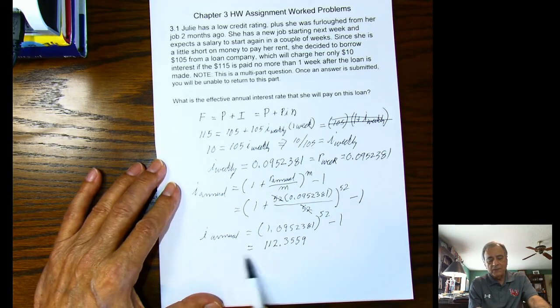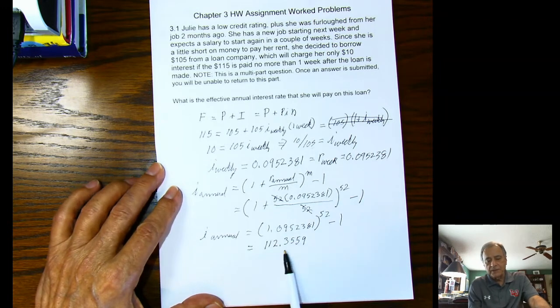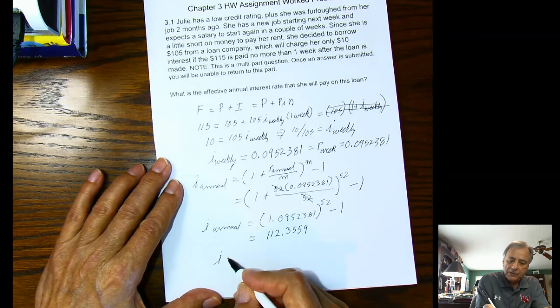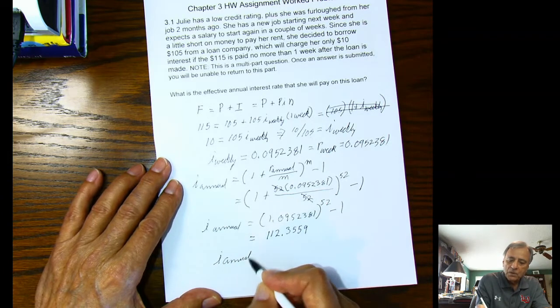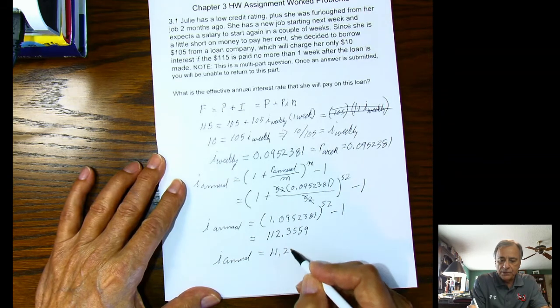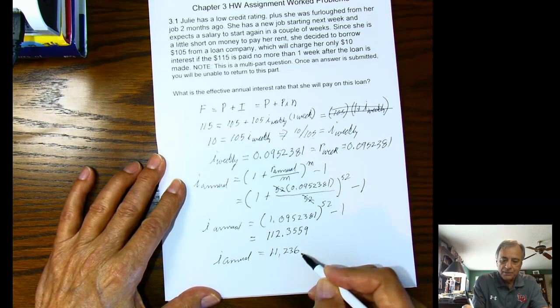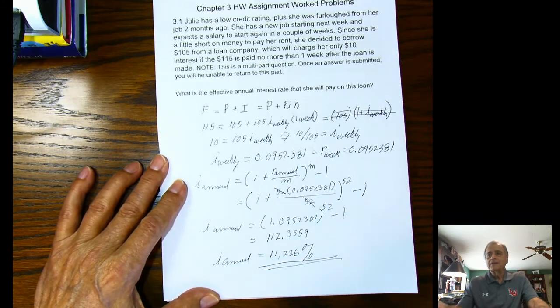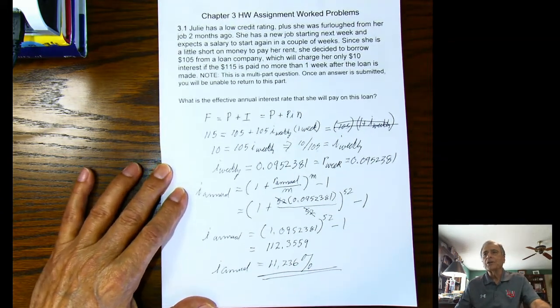Well, I equals 112. Remember, this is the number. If we put it as a percent, we move the decimal place 2 to the right. So as a percent, I annual will be equal to 1,236%. Wow. That's your typical loan shark deal right there.